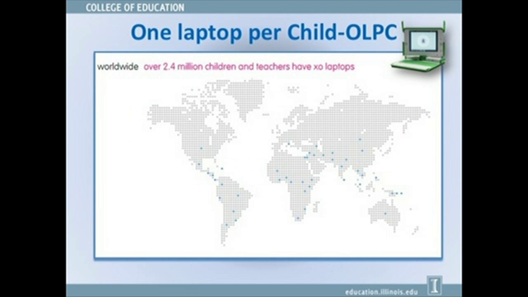The program One Laptop Per Child is an international program, and it's been used in different countries around the world. The blue dots here represent all the countries that are using these XO laptops. These laptops are called XO laptops, and they have good features that fit the problems that we have in Palestine.